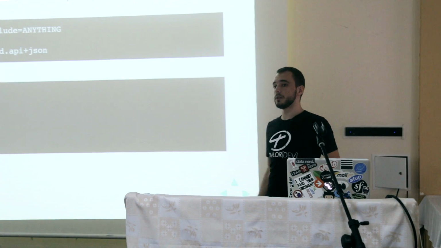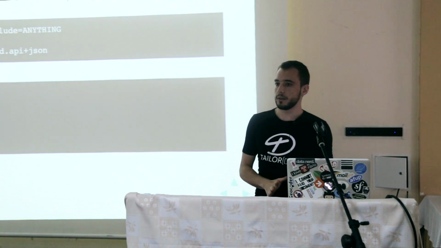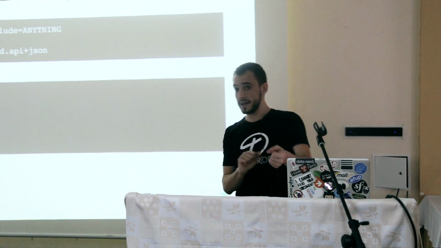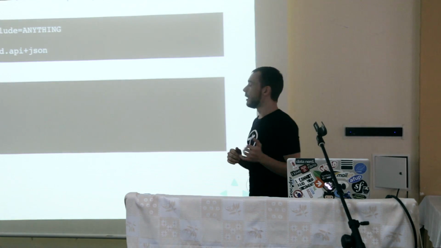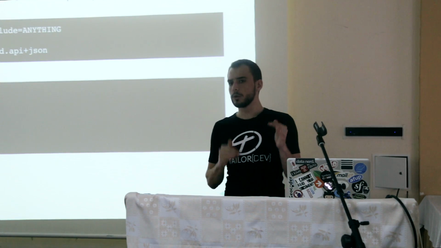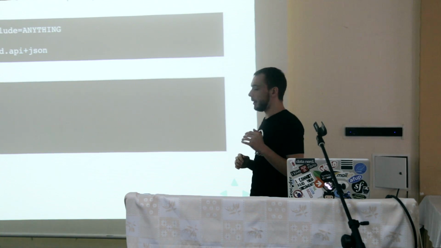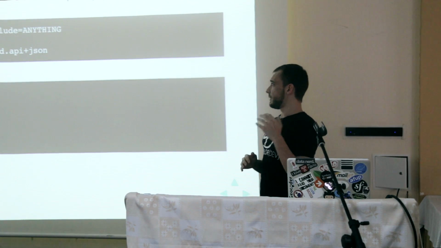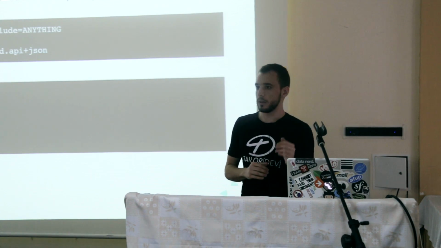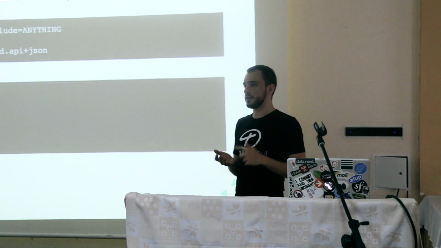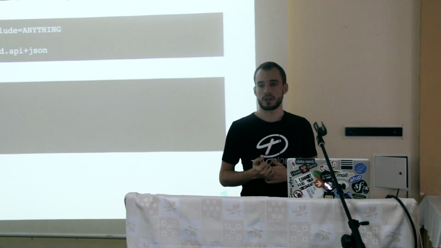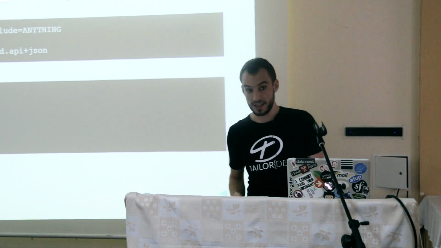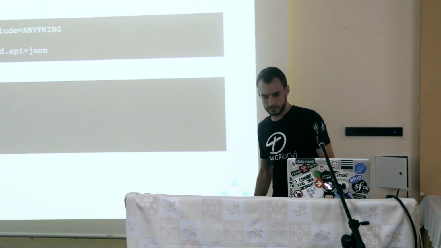If you combine all of these, you can, from the client side, query any data in any way, and at the end you always get something that looks the same, like the JSON API states: you have to return a set of data, and data must have an ID, a type, and optionally a set of attributes. Okay, and that's pretty interesting. And that's why we want to jump to GraphQL right now.